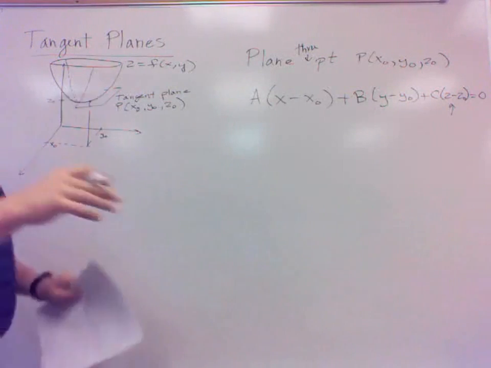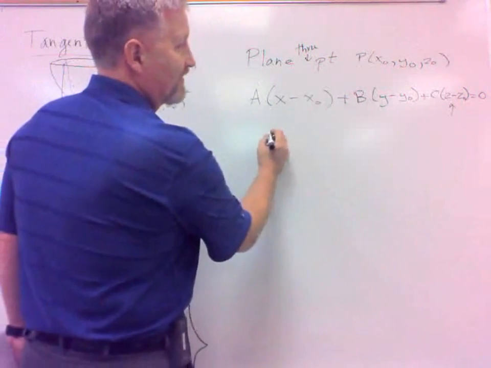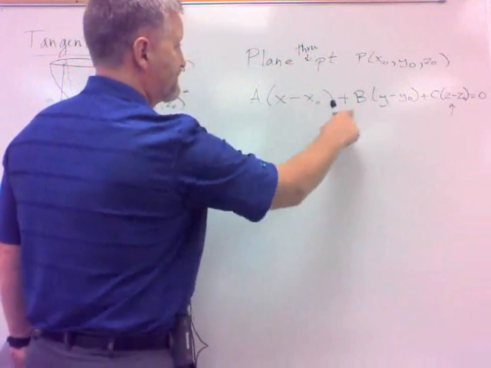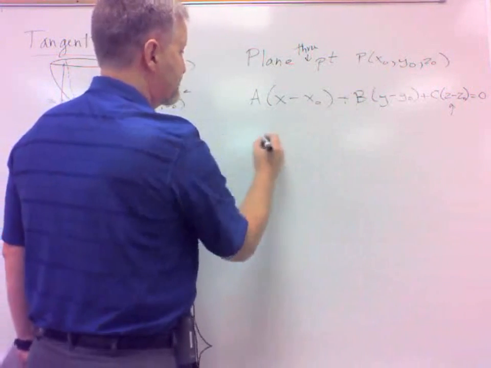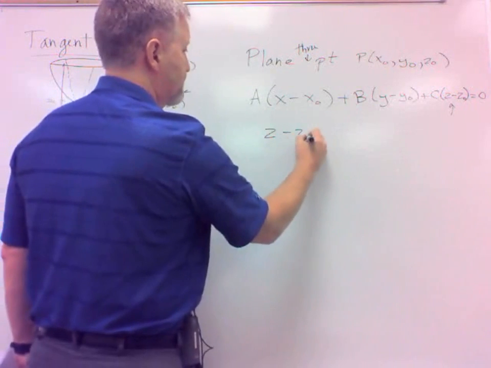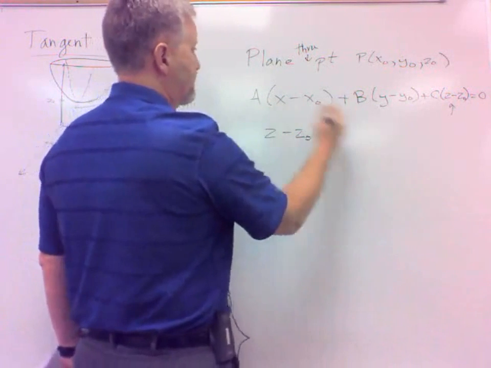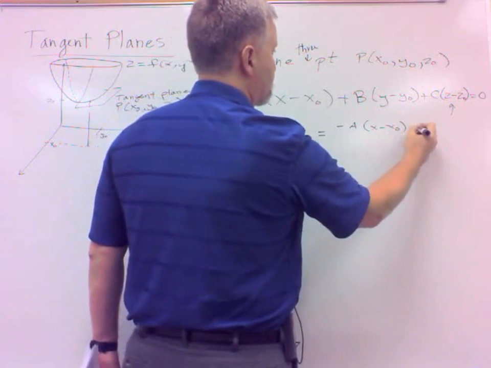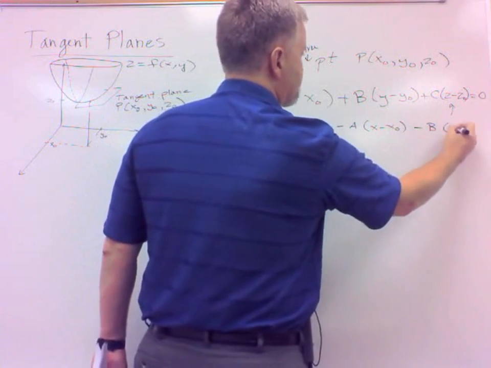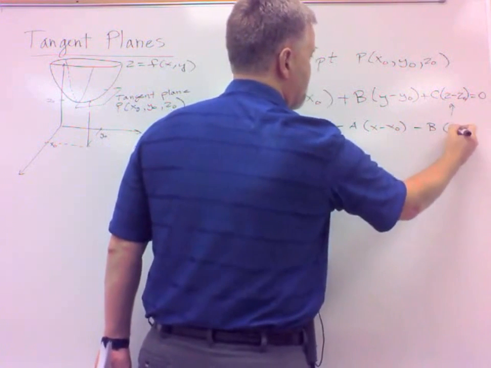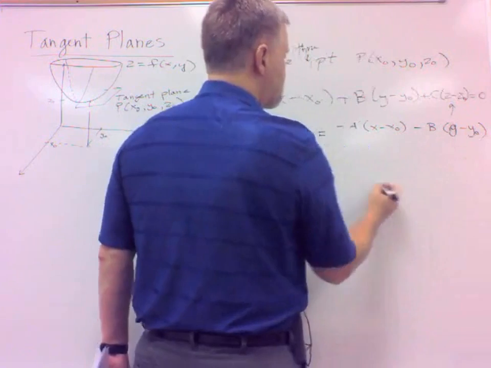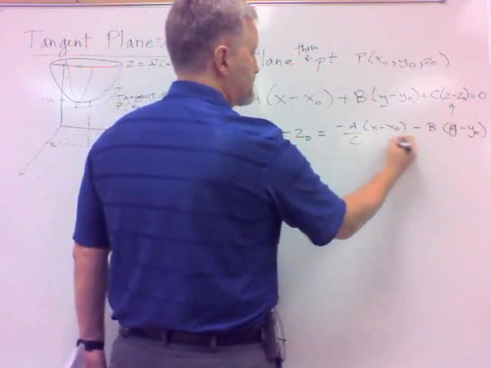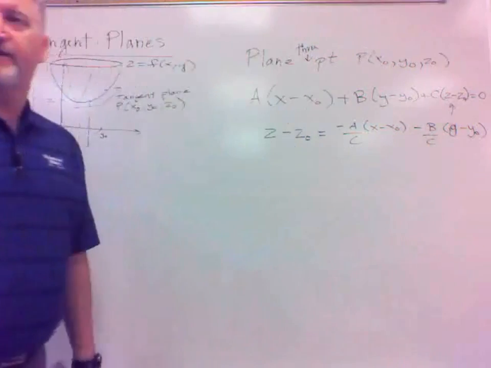So we would subtract these two and then divide by c, so we get something like this. Z minus z0 equals minus a times x minus x0 minus b times y minus y0. And then we divide by the c.